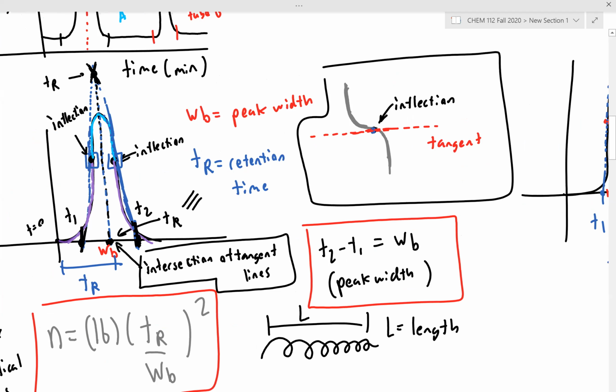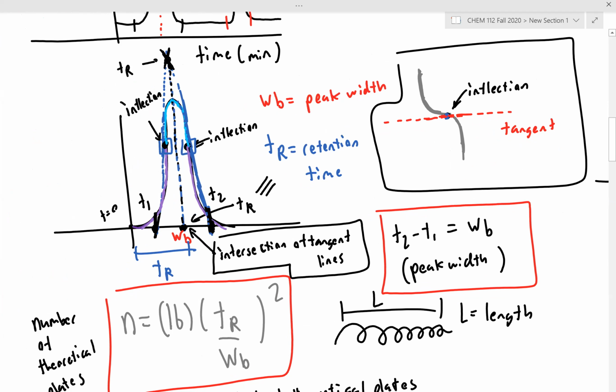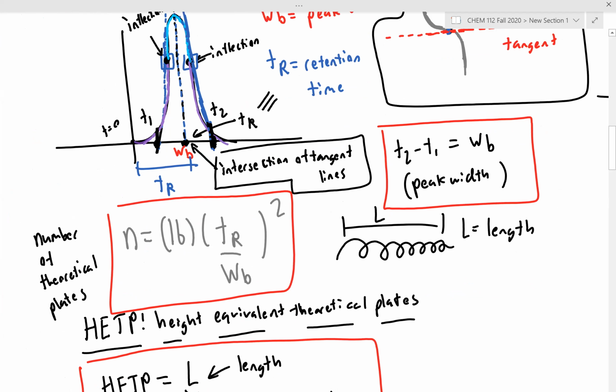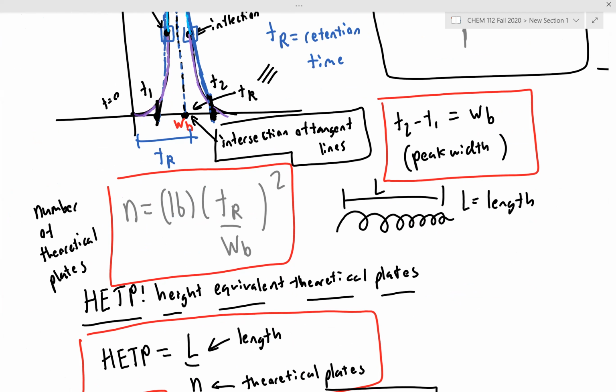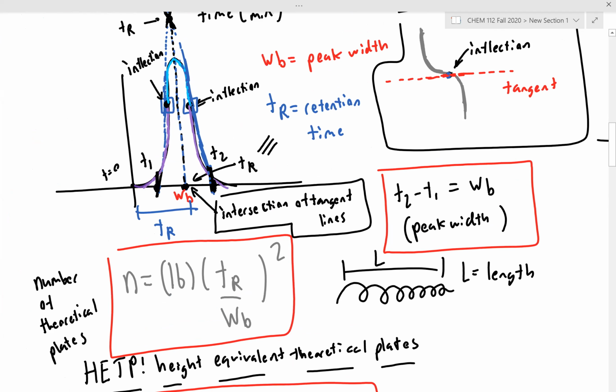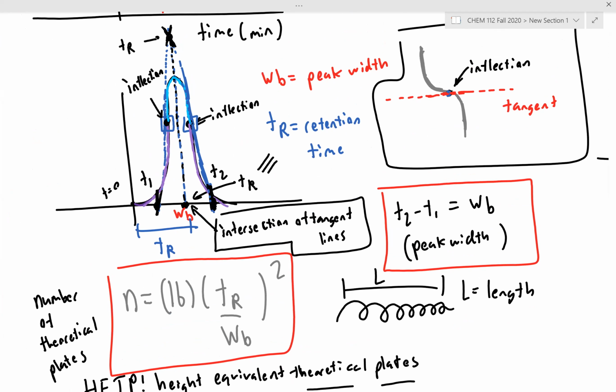Okay, so now that we've processed our peak, we can calculate the following values for our peak. First, we can read off our retention time, and we can calculate our peak width. Now, from the retention time and the peak width, we can estimate the number of theoretical plates for our column.